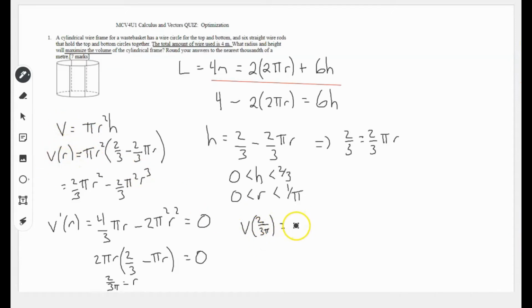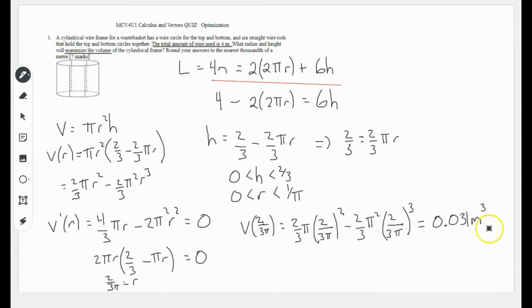So that would be 2/3 pi times 2/3 pi squared minus 2/3 pi squared times by 2/3 pi to the power of 3. Okay, so that gives us 0.031 meters cubed.